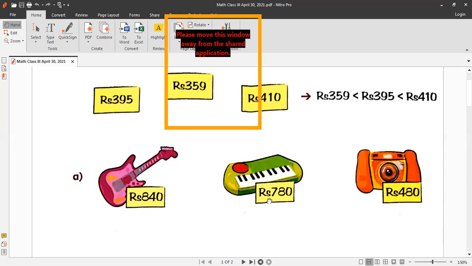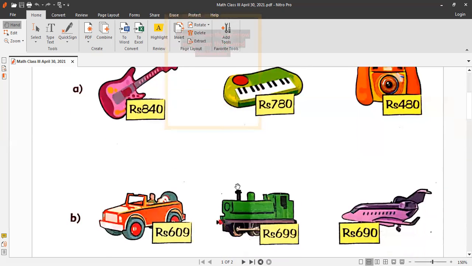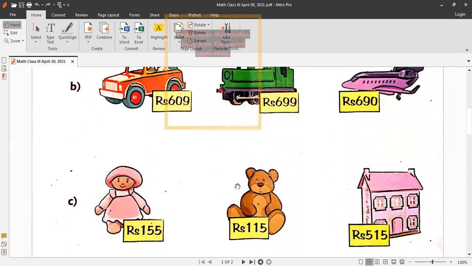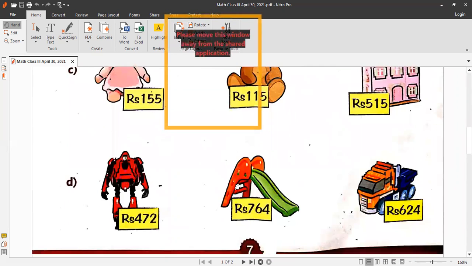Then I write the price of piano, that is 780. Then the less than sign. Then the price of guitar, that is 840 rupees. By using this method, you can solve all these parts easily, till D.